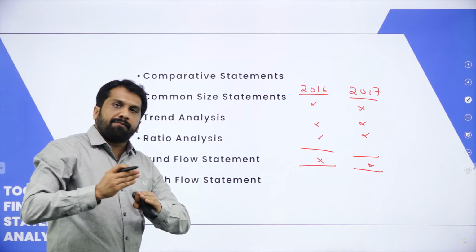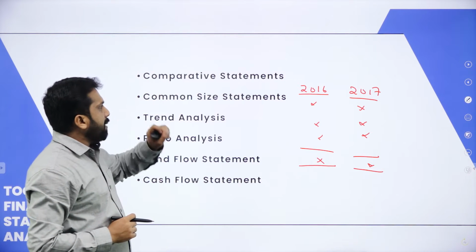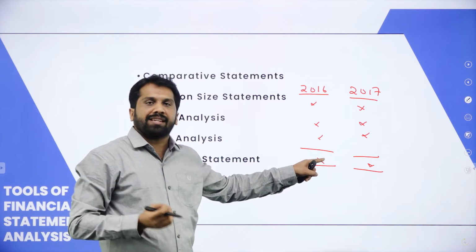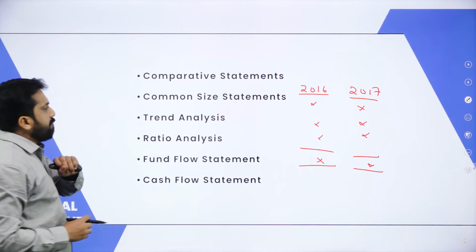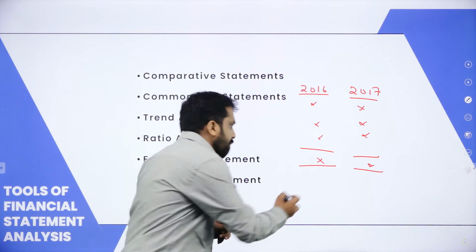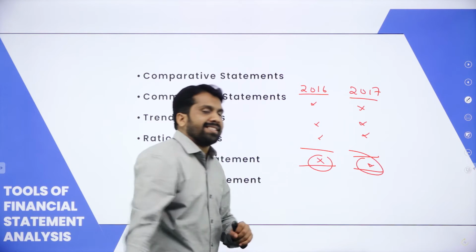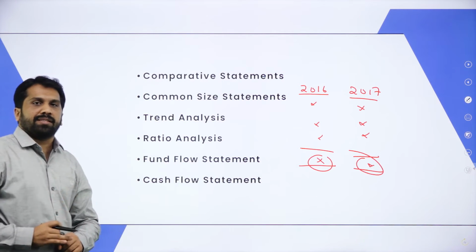Now, in the comparative, your first year we take as base. But in case of common size, always your total should be considered as base.